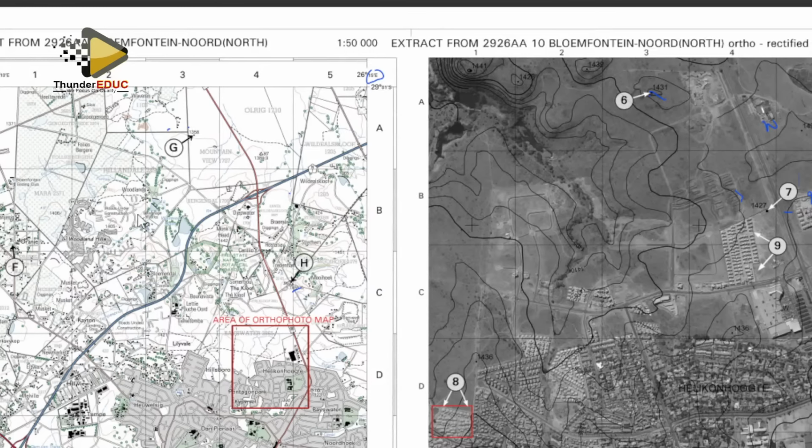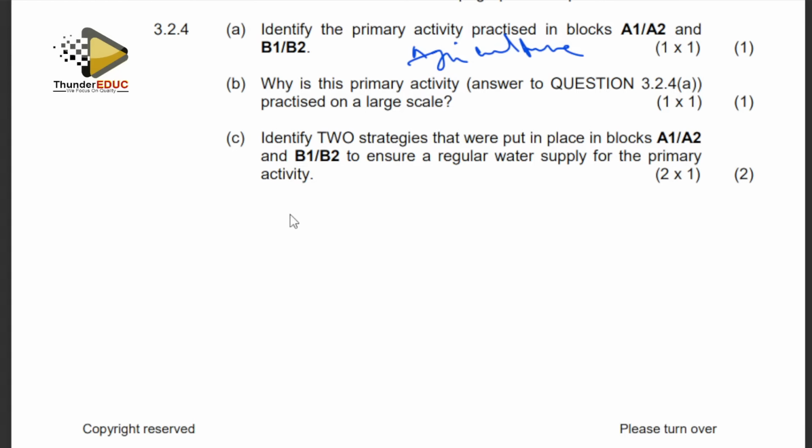So it becomes easy for agriculture to be practiced, especially on a large scale, if such aspects exist. Let's go back to the question and put our answers there. Why is this activity taking place? Number one, access to water from the rivers and from the dams that are there. Number two is a large tract of land.